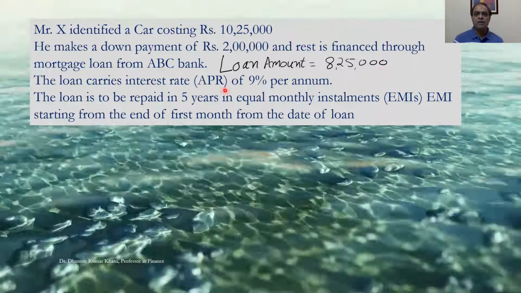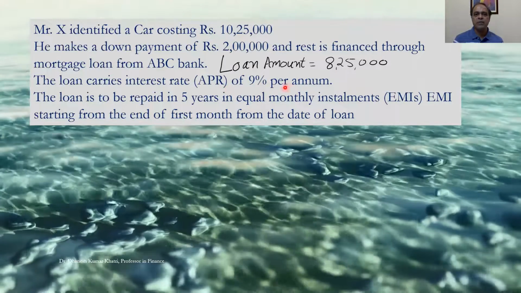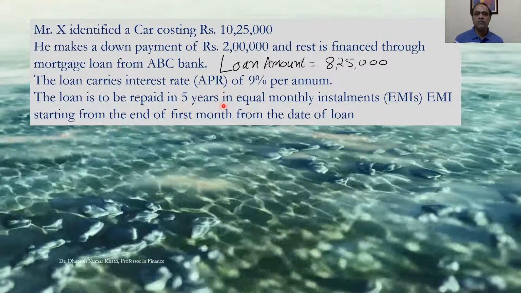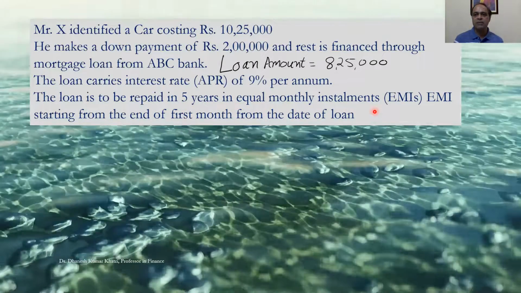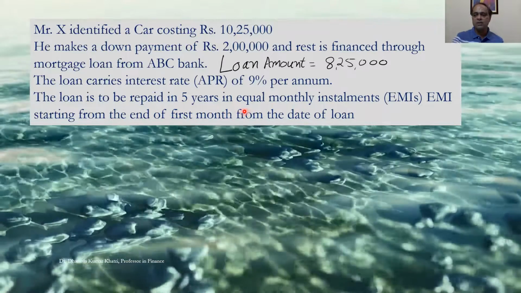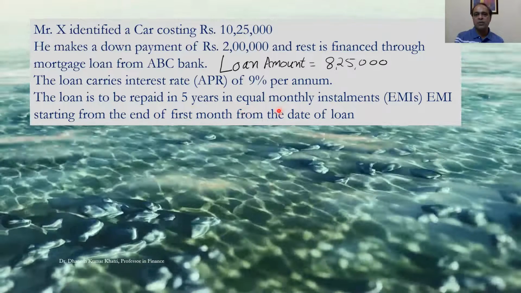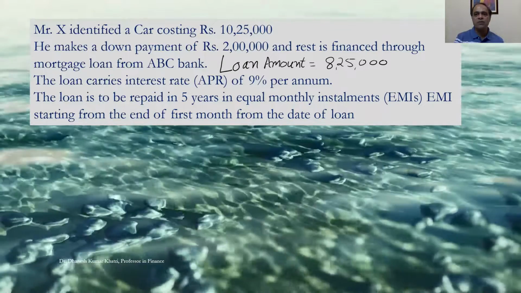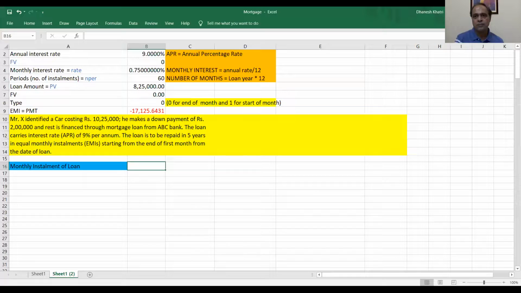The loan carries 9% interest per annum, that is annual percentage rate, and the loan is to be repaid in 5 years in equal monthly installment. EMI starts from the end of the first month from the date of the loan. So in this case, I'll be explaining how to use Microsoft Excel for the purpose of calculating EMI.